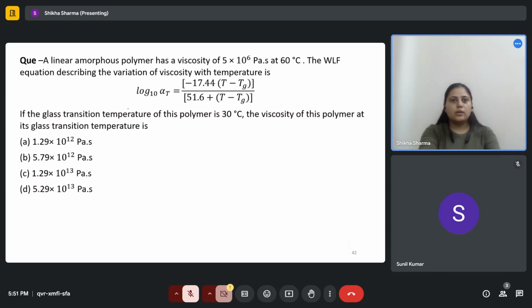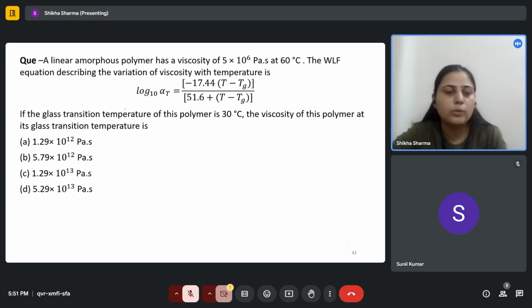Next is the question for the WLF equation. A linear amorphous polymer has a viscosity of 5 into 10 to the power 6 Pascal second at 60 degrees Celsius. The WLF equation describing the variation of the viscosity with temperature is log 10 AT equals minus 17.44 multiply T minus Tg divided by 51.6 plus T minus Tg.